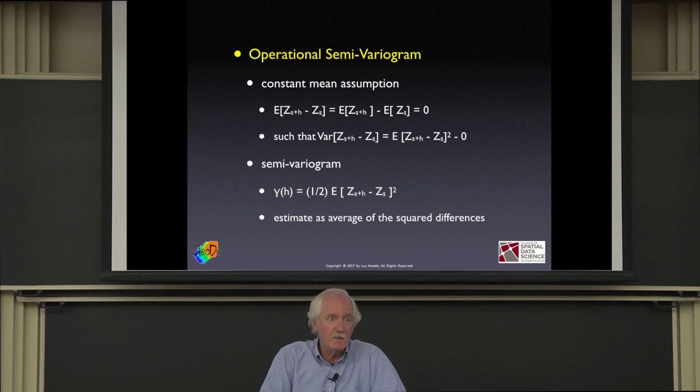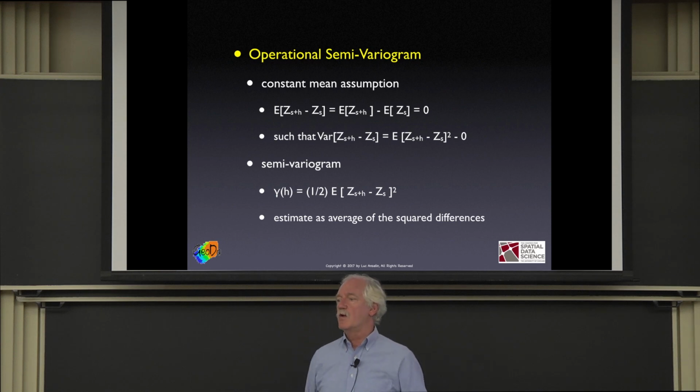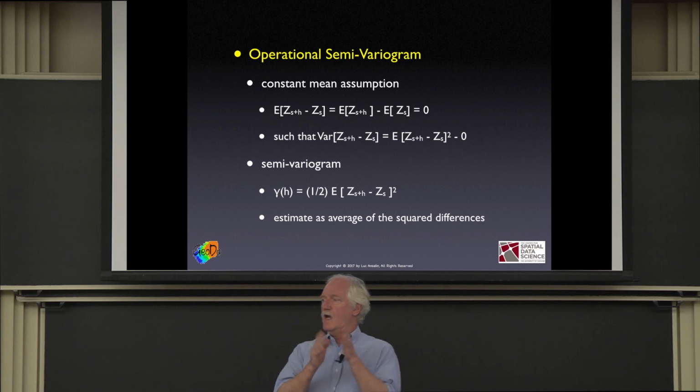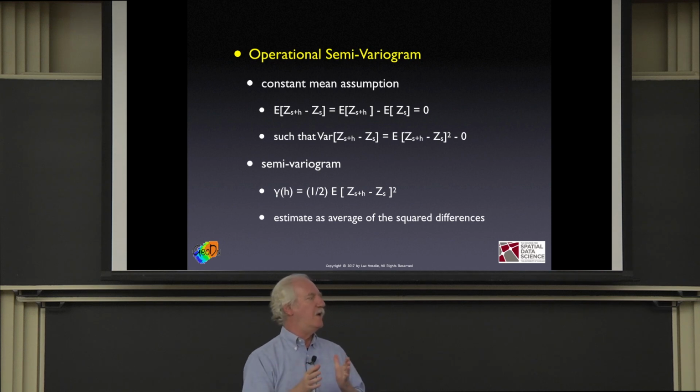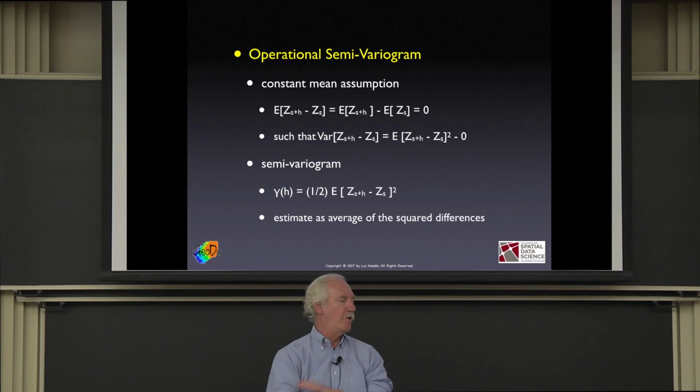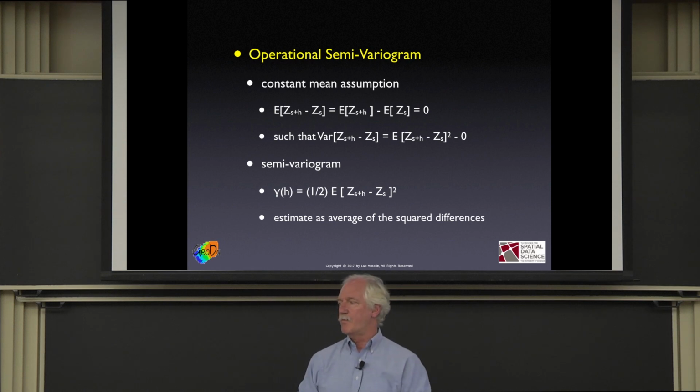And the squares of the means is 0, so you end up with the mean of the squares. And now we're back in business. Just like for the correlogram, we binned our pairs and we got the average cross product for all the pairs in the bin. Here we're going to bin our pairs and get the average square difference for all the pairs in the bin. And that is the semi-variogram.